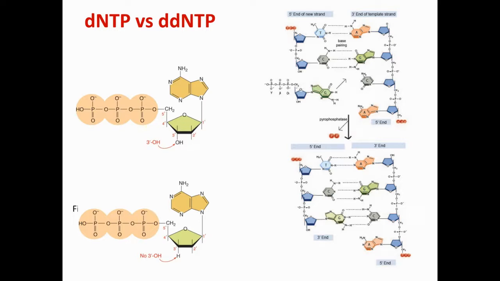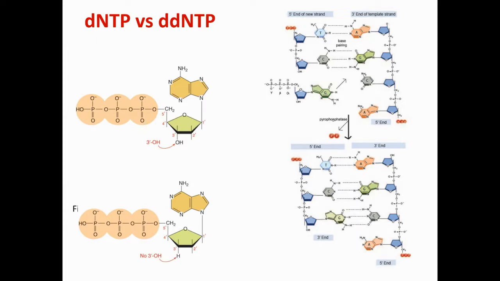During this process, another important thing is that this pyrophosphate is released. This is important for another technique called pyrosequencing. Pyrosequencing basically uses this phosphate to perform a reaction that gives a signal to tell you which nucleotide has been added. So this is also important that you need to know.